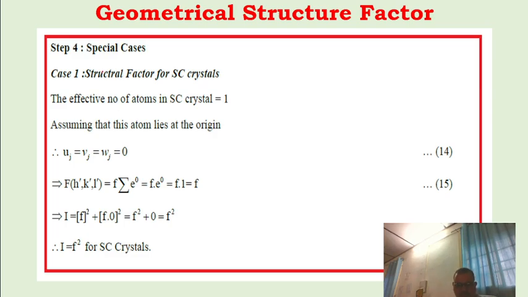Now the special cases, we have two special cases. Case 1, if I have the simple cubic crystals, then the effective number of atoms is 1, and assuming that this atom lies at the origin, then these are the values.